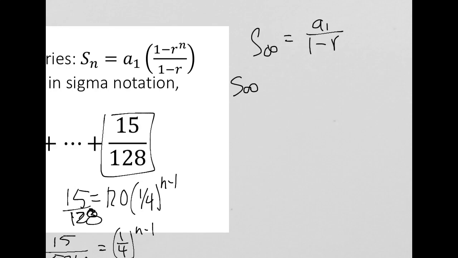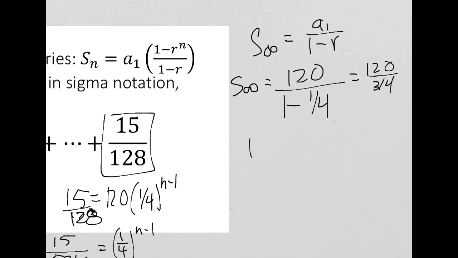So the infinite sum of this series is going to be that first term, which is 120, divided by 1 minus our common ratio, which was 1/4, and you can actually do these by hand pretty easily. 1 minus 1/4 is 3/4, so 120 divided by 3/4 is the same as 120 times 4/3. And 120 divided by 3 is 40. So we have 40 times 4.